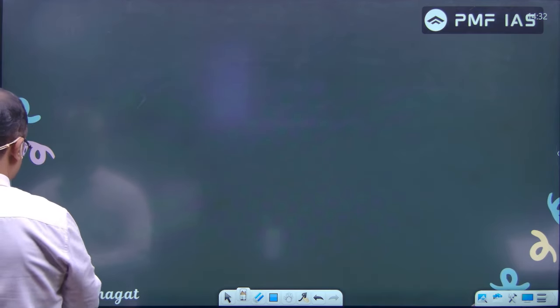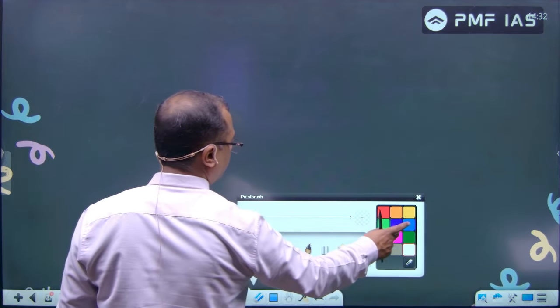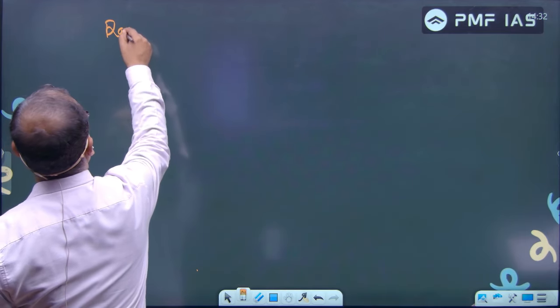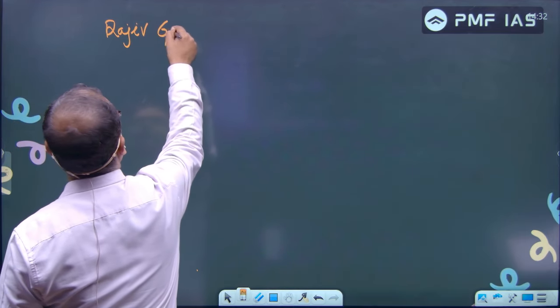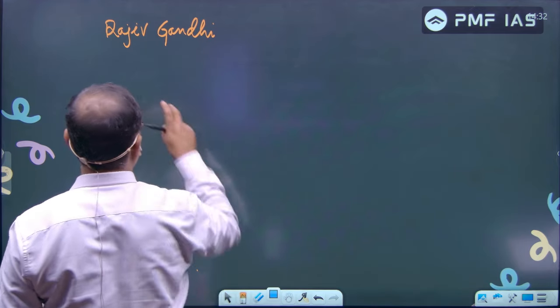Okay. So this is up to Indira Gandhi's period. What shift in Rajiv's approach? A bit of change came during Rajiv Gandhi's period.